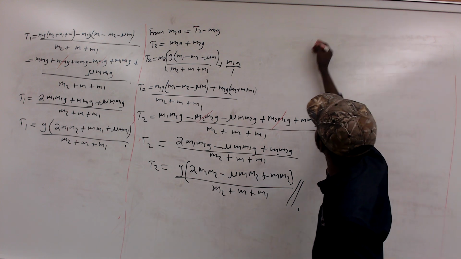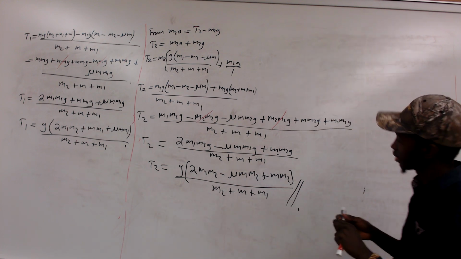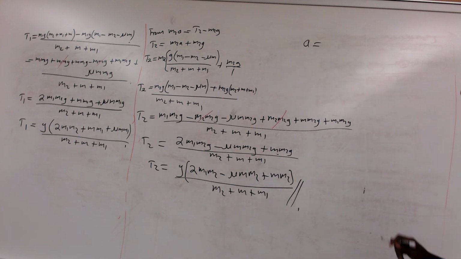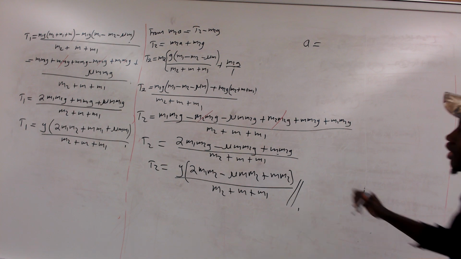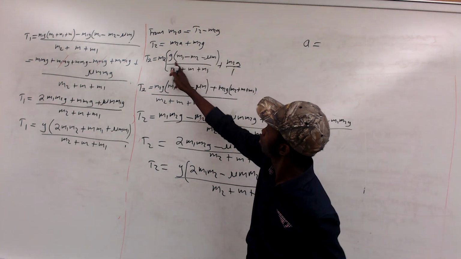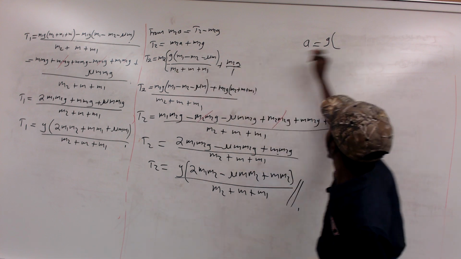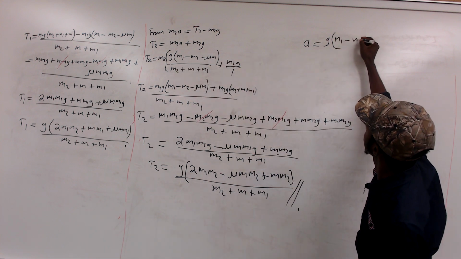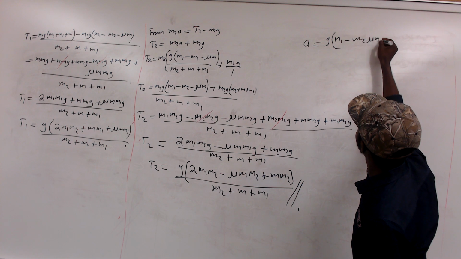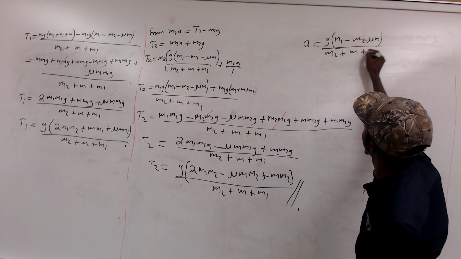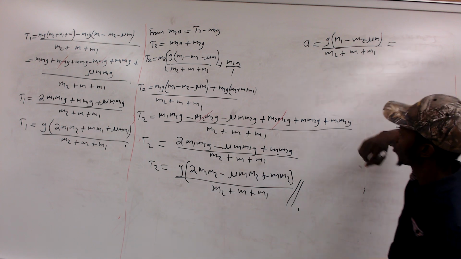Let's write A. So what is the expression for A? Oh, A, I think we cleared it, but we can have it here because we started with this. A is G into M1 minus M2 minus mu M, divided by M2 plus M plus M1. What's going to be the value for A?